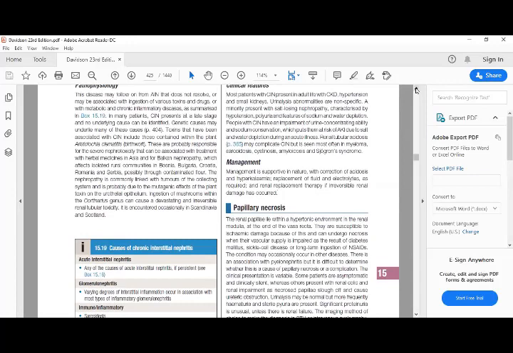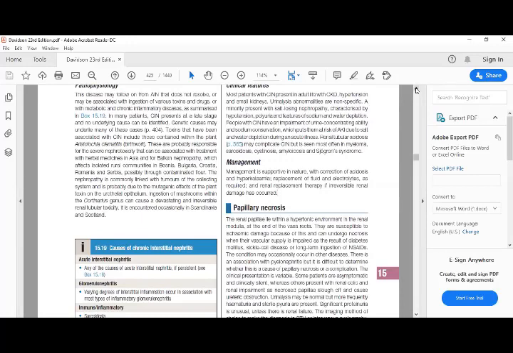Toxins that have been associated with chronic interstitial nephritis include those contained within the plant Aristolochia clematitis, birthwort.